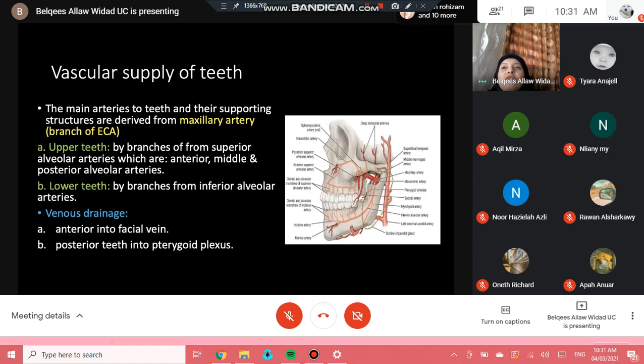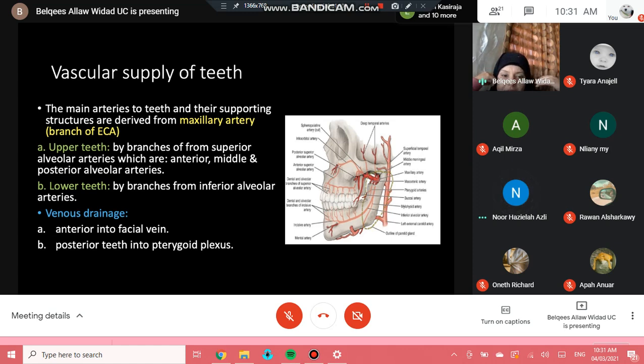Clear? So for example, when I said anterior superior alveolar artery, it supplies which teeth? The central and the lateral incisors. When I said middle superior alveolar artery, it supplies which teeth?